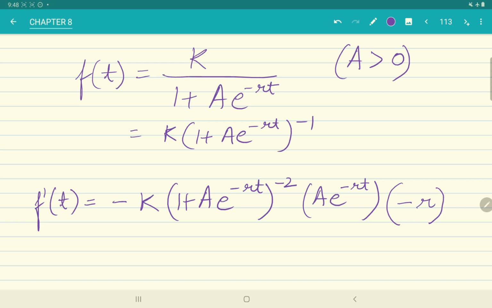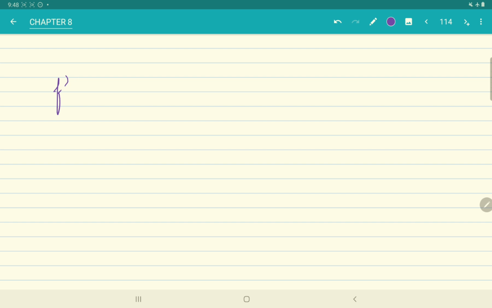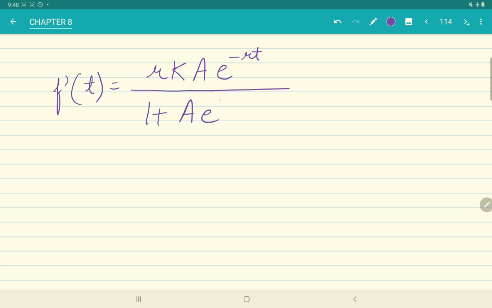And we can see from here that I can write f prime t is equal to r k a e raised to the power minus rt divided by (1 plus a e raised to the power minus rt) squared.